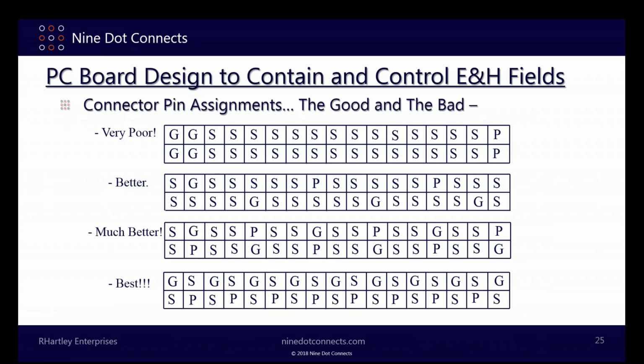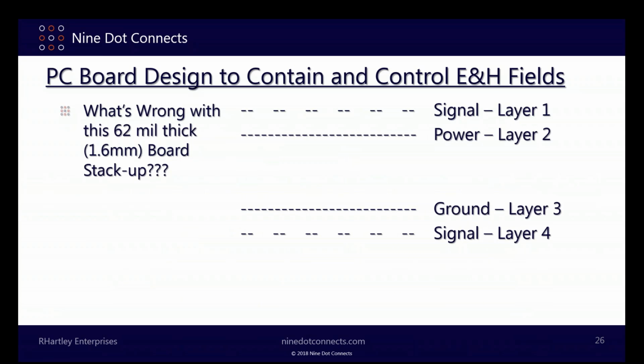If you put the north poles next to each other, they're going to repel each other. If you put the north pole next to the south pole, they're going to attract each other, and that's going to cause the magnetic fields to contract. This bottom structure is the best of the 4 shown here. Whenever you're assigning signals to connectors, think about this.